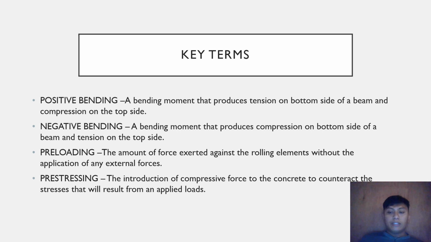I have noticed that negative bending occurs in the reaction or the support of the structure. So the beam at the support part is subjected to compression on the bottom side and tension on the top side. That produces negative bending.